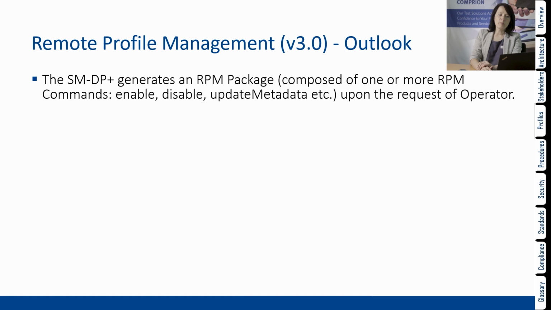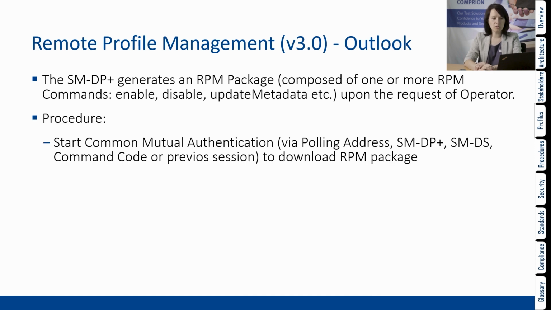First of all, the SMDP Plus generates the so-called RPM, Remote Profile Management package. This package is composed of one or more RPM commands, meaning it's now possible to remotely enable, disable, or update metadata upon the request of the operator.